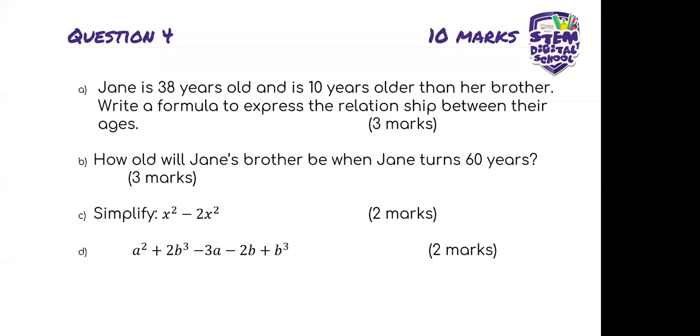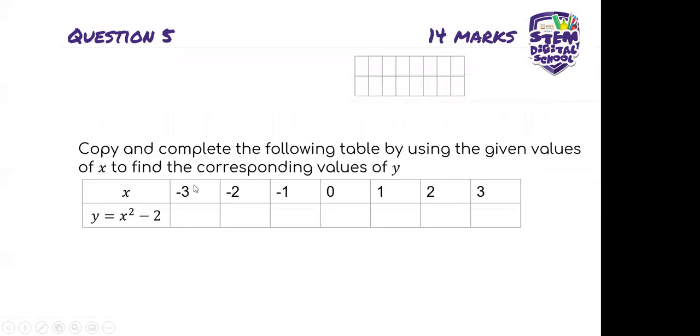Right, we are done with question 4, and then we can just move to the last one, which is question 5 rather, to demonstrate the ability to complete the table by finding the output value, which is y in this case, where you are given the x values. So remember the x values there.